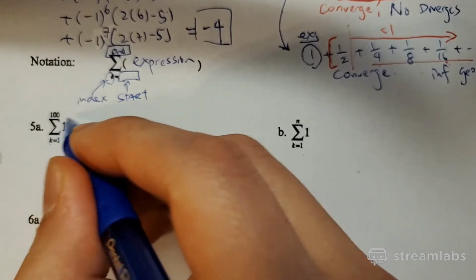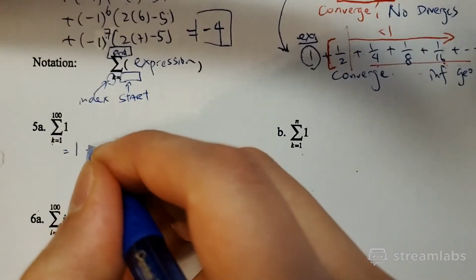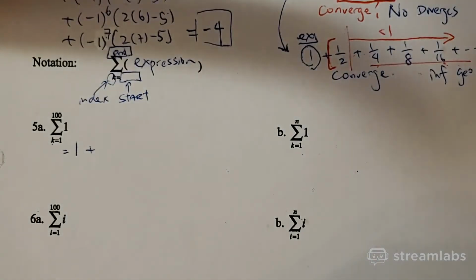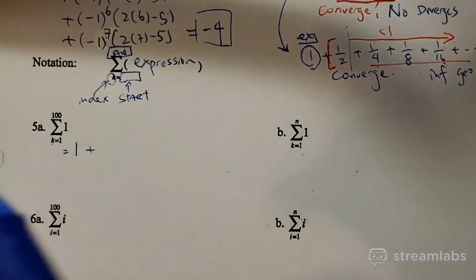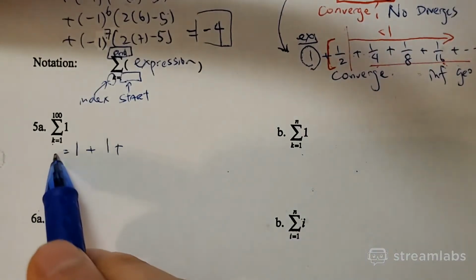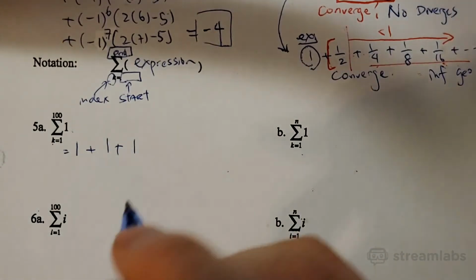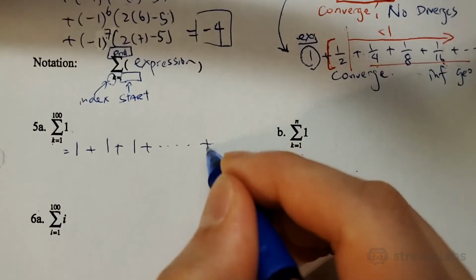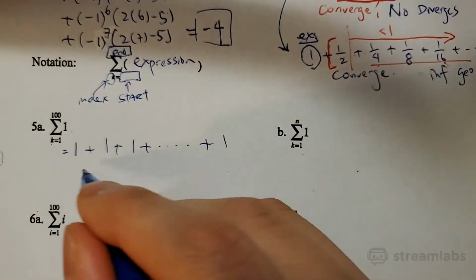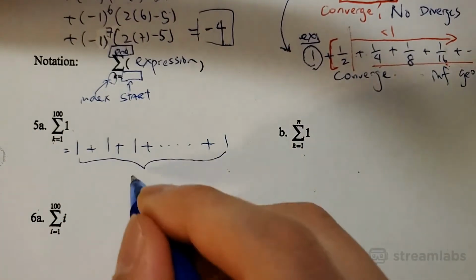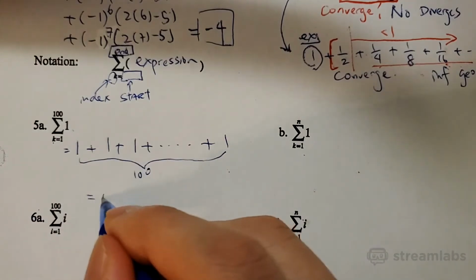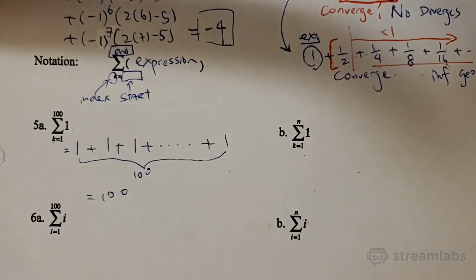When k is 1, my expression is 1. When k is 2, my expression is still 1. When k is 3, my expression is still 1. Because there's no k, right? So there's 1 over and over again. How many 1s do I get? 1 to 100, so there are 100 1s here. So the answer is 100. Okay.